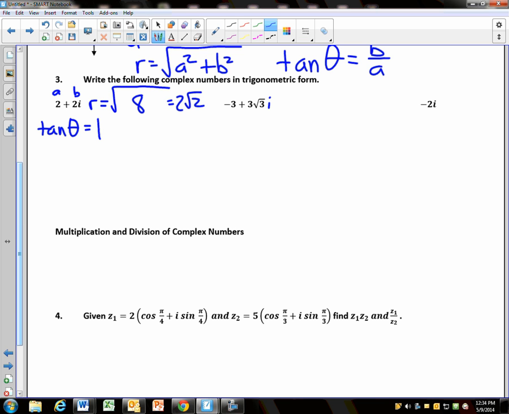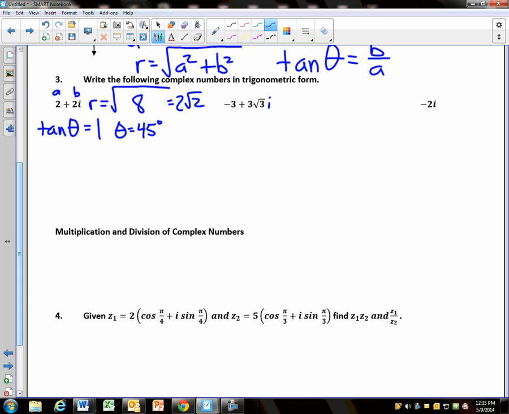But it's equal to 45 degrees in the first quadrant and 225 degrees in the third quadrant. Do you know which one we are talking about, 45 or 225? Which quadrant is your point located in? The first quadrant, over 2 and up 2. So we're talking about 45 degrees.